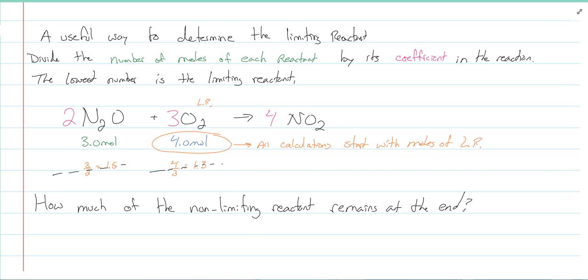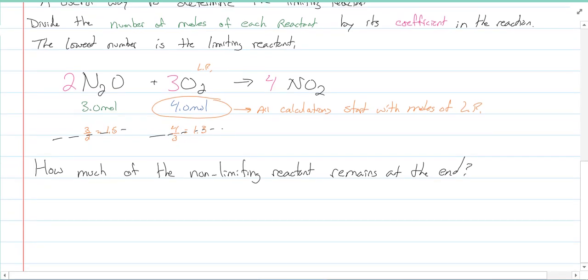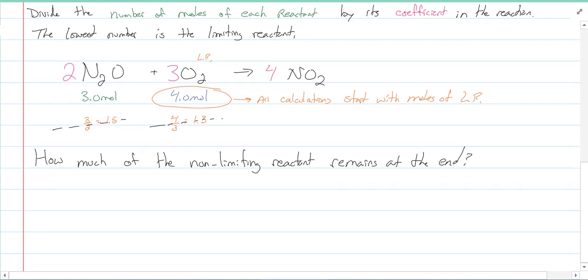Chances are oxygen's a limiting reactant. Now, it could not be, but that would trick a lot of you. Not on purpose, but that's how we would think: oh, well, the other one must be the limiting reactant. Not the case.